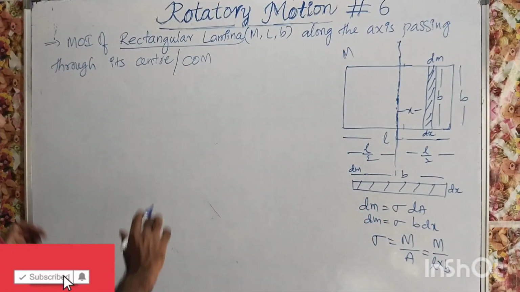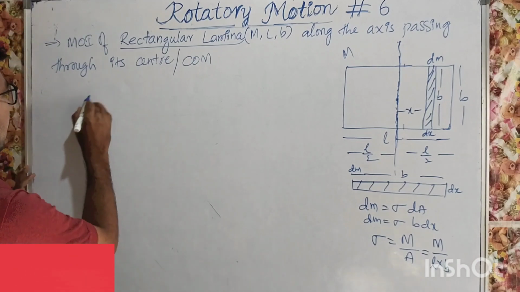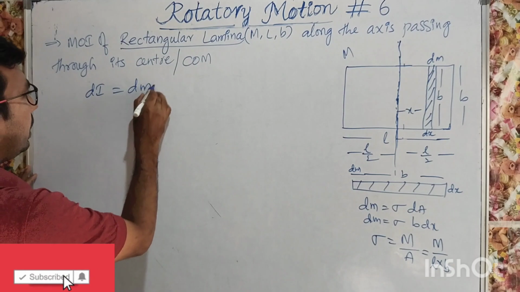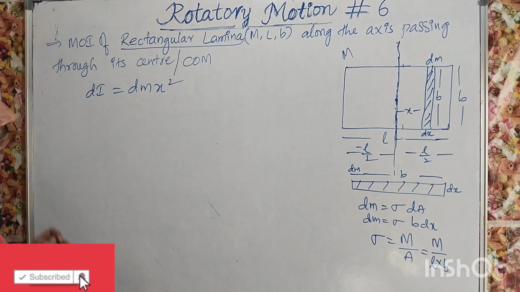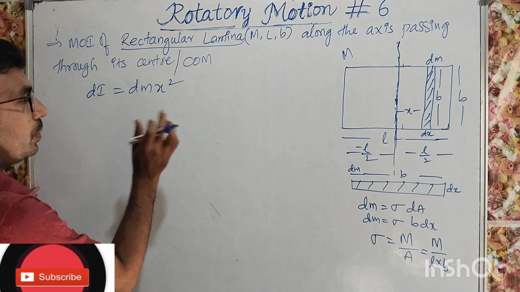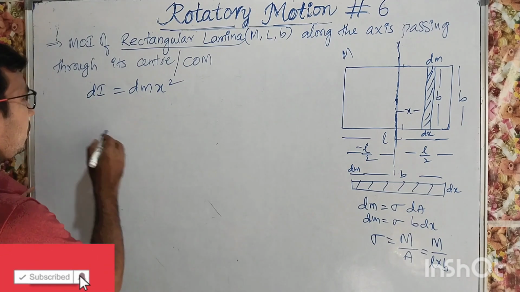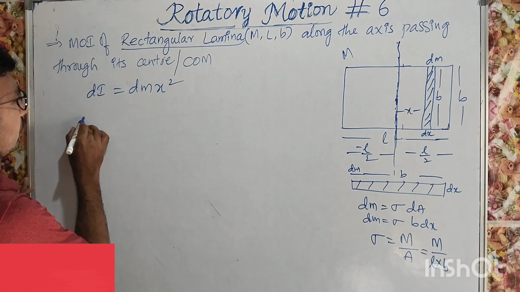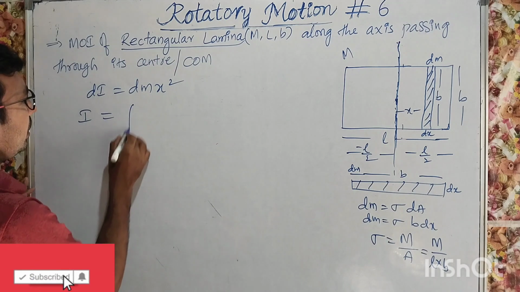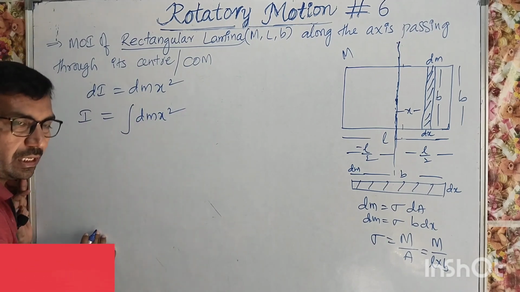For the small element, the small moment of inertia dI is equal to dm x square. So the total moment of inertia I is equal to the integration of dm x square.